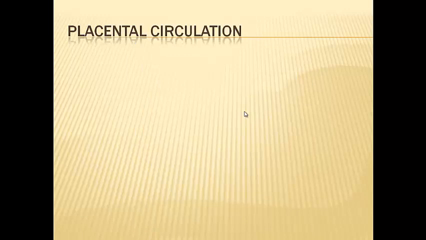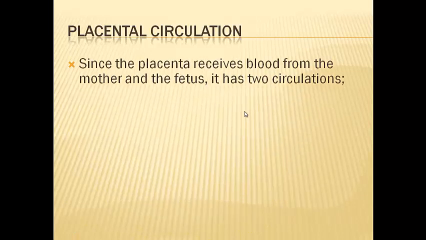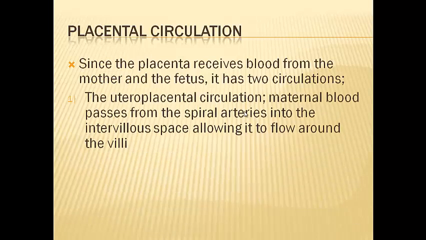Okay, so we've seen how the placenta is connected to both the mother and the fetus, and it receives blood from both these places. Therefore it has two circulations, meaning that blood flows in two circuits within the placenta. You've got the uteroplacental circulation, which is basically a circulation of blood between the maternal blood vessels and the placenta.